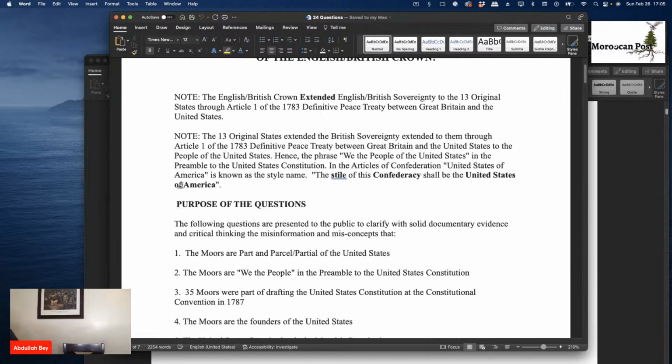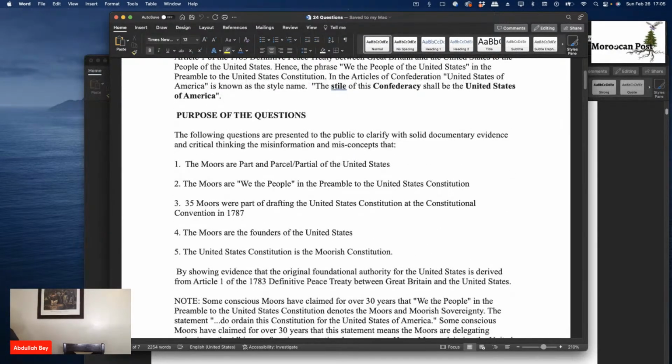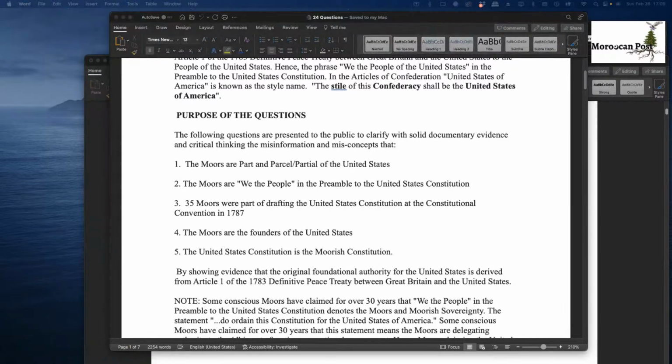Purpose of the questions. The following questions are presented to the public to clarify, with solid documentary evidence and critical thinking, misinformation and misconceptions that, number one, the Moors are part and parcel or partial of the United States. Number two, the Moors are we the people in the preamble to the United States Constitution.